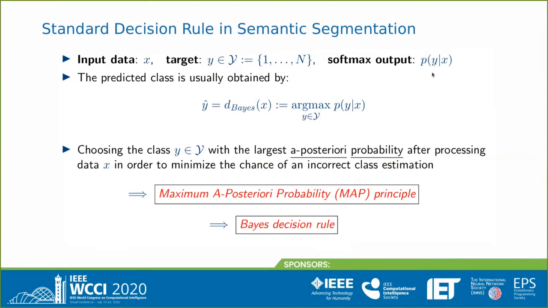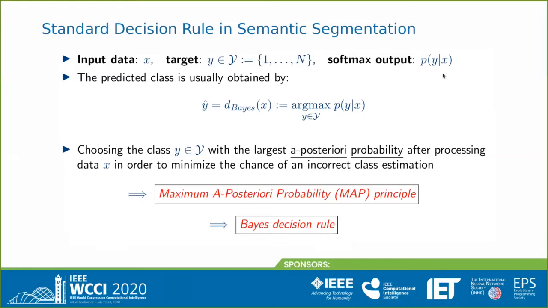One way to adjust the sensitivity of neural networks towards predicting certain classes is via decision rules. The standard decision rule is the maximum a posteriori probability principle, shorthand MAP principle. Let's go a bit more into detail. With X, we denote the input data, with Y the target, and with P(y|x) we denote the softmax output produced by a neural network.